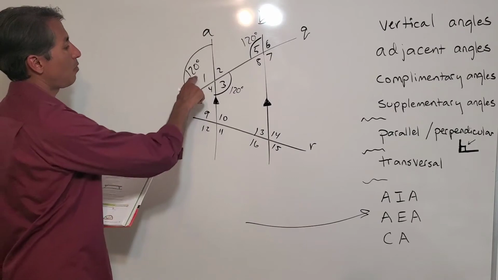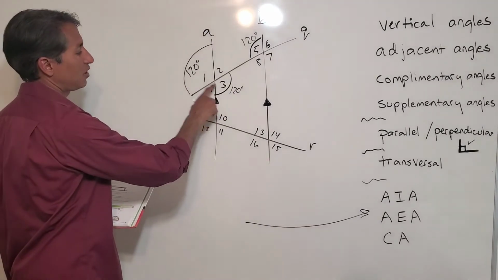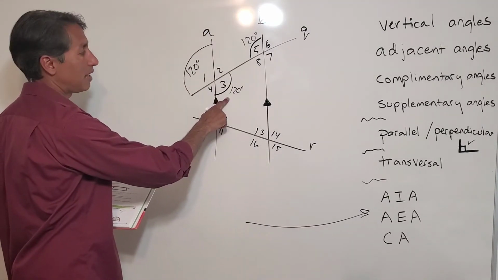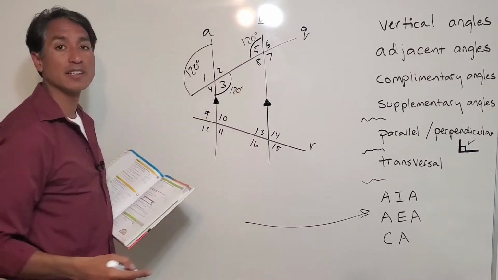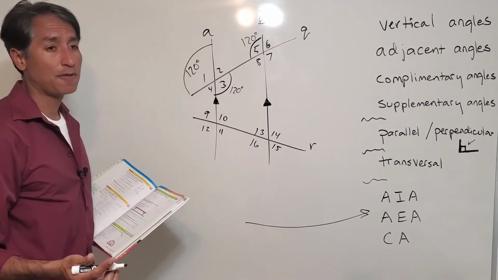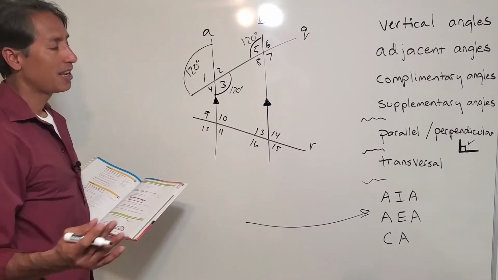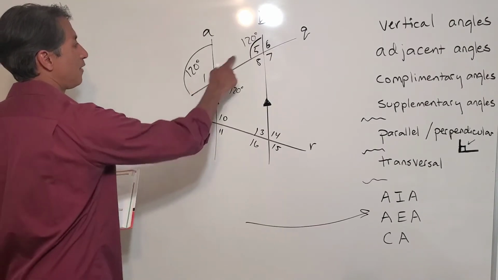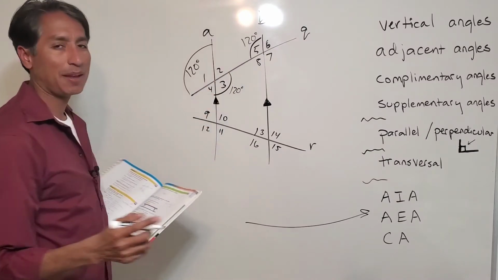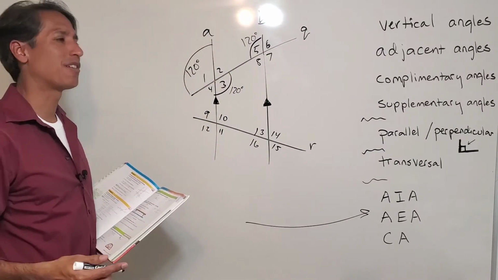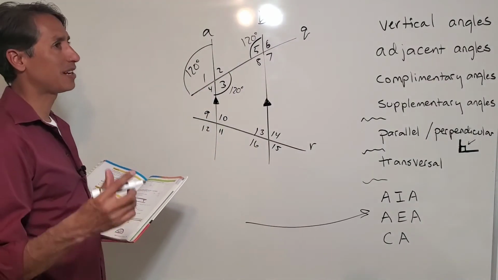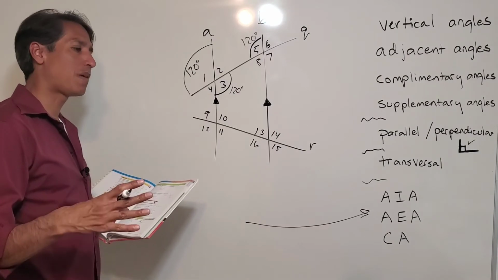Now, they wanted you to start here and understand that we could go to a vertical angle, and then from there we could go to an alternate interior angle. If you want to be like next level genius, then you could have said, well, yeah, but 1 and 5 are in the same place. What is that word that means when two angles are in the same spot?